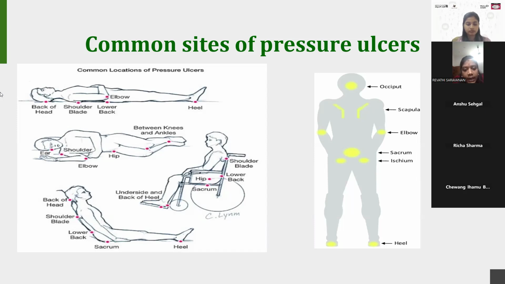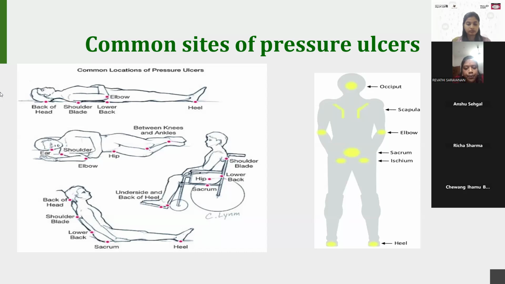In the side lateral position, you can see again shoulder, elbow, hip, and between the knees and ankles. These happen with skin friction. So due to skin friction, pressure ulcers result between the knees and ankles.